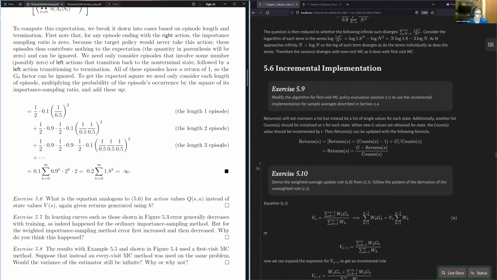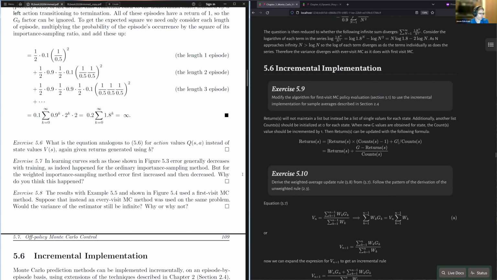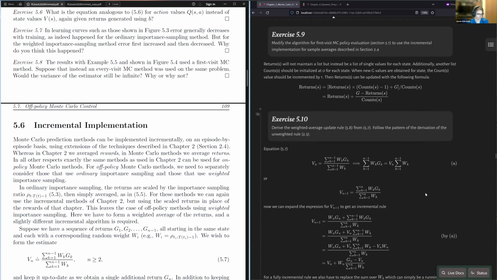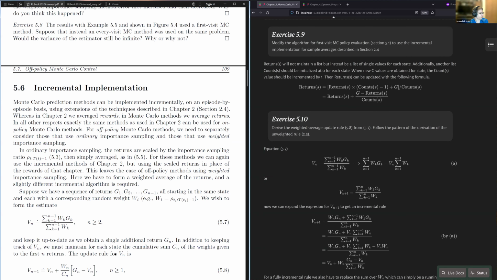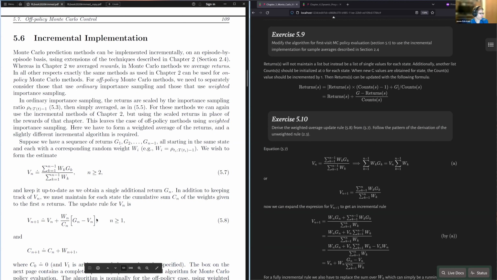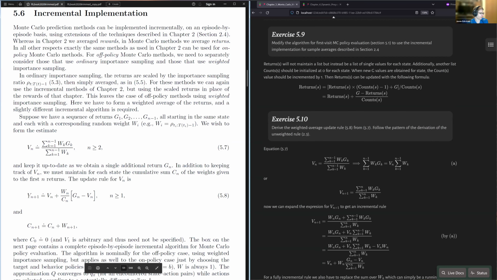Exercise 5.10 is just a derivation, so we don't have to go over it now, but you can look at it. It's just asking to derive the weighted update rule, which is this rule here. This is incrementally updating the value using weighted importance sampling.